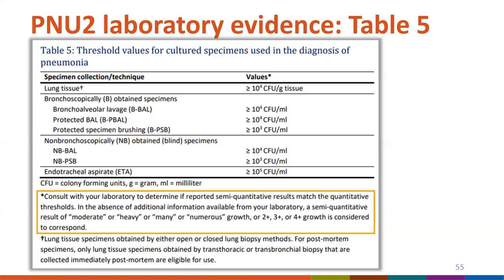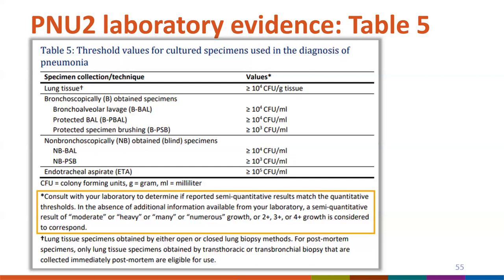If these quantitative thresholds, or the semi-quantitative equivalents, are not met, then the culture result cannot be used to meet new. So for example, if the culture result simply identifies an organism like E. coli, the laboratory requirement is not met.